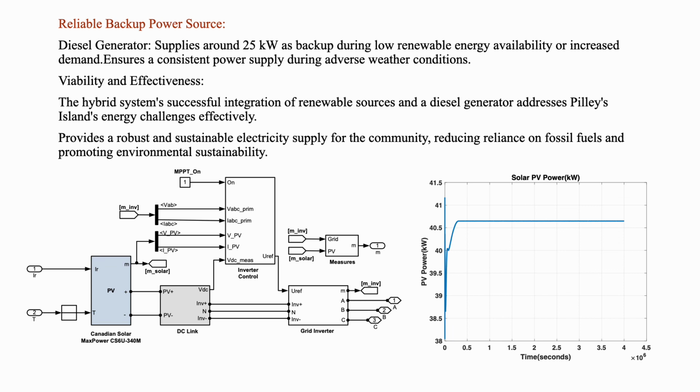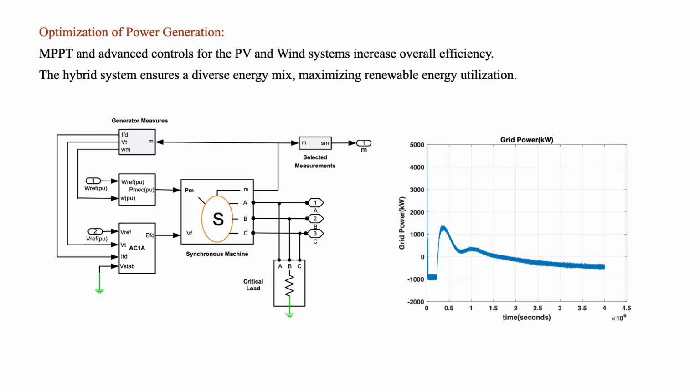And as we see the solar output, it is seen that approximately 40.6 kilowatt is the average which the PV is generating.